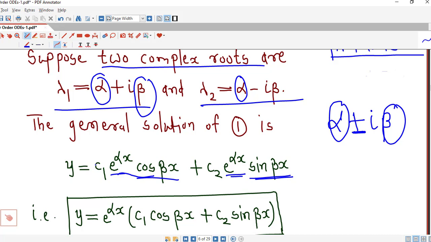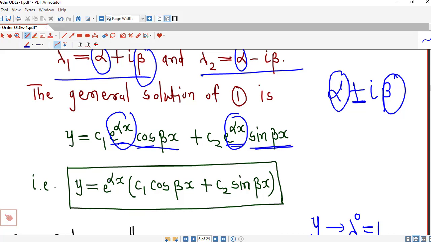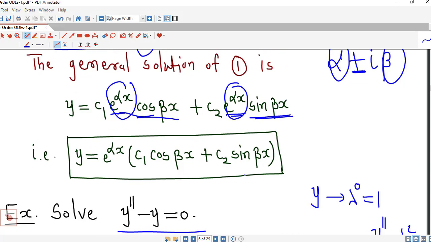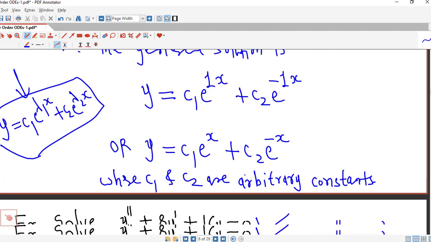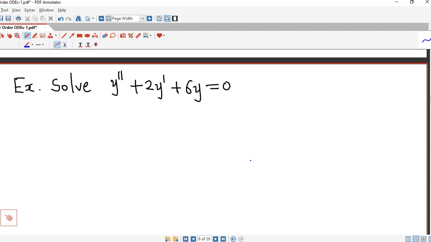So the general solution is y equal to c1 times e raised to alpha x cos beta x plus c2 times e raised to alpha x sin beta x. If we wish, we can take e raised to alpha x common, and we can rewrite this as y equal to e raised to alpha x into c1 cos beta x plus c2 sin beta x. So we consider one more problem of the third case.